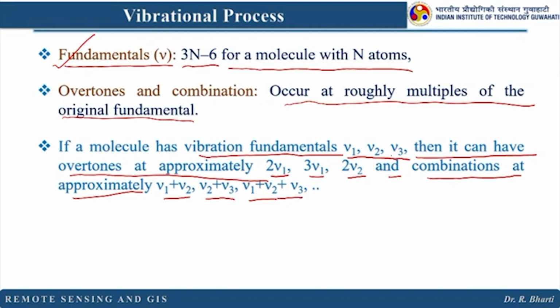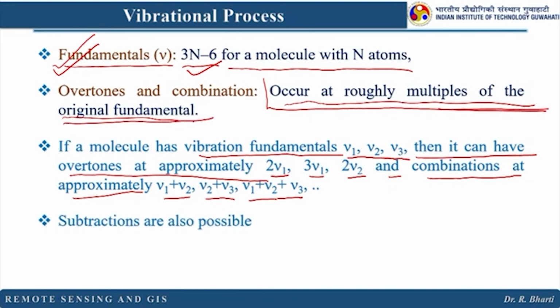So, these are few examples, right. So, what I mean to say, the fundamental frequencies can be identified using this formula, whereas the overtone and combination can be estimated by this information that they occur roughly at multiples of the original fundamentals, right.